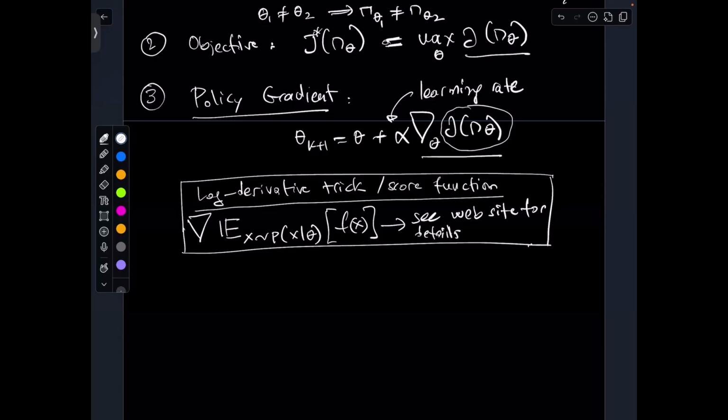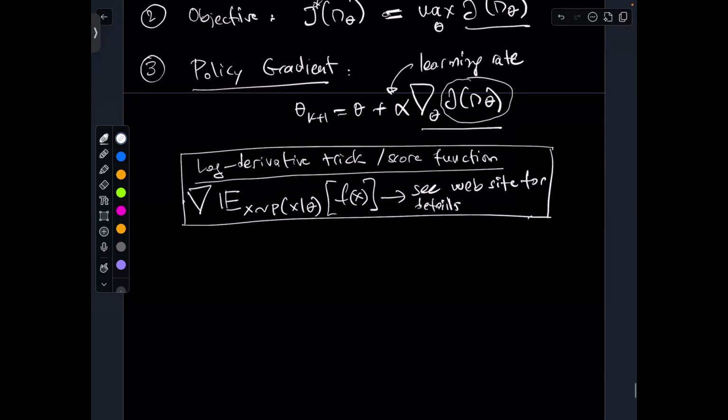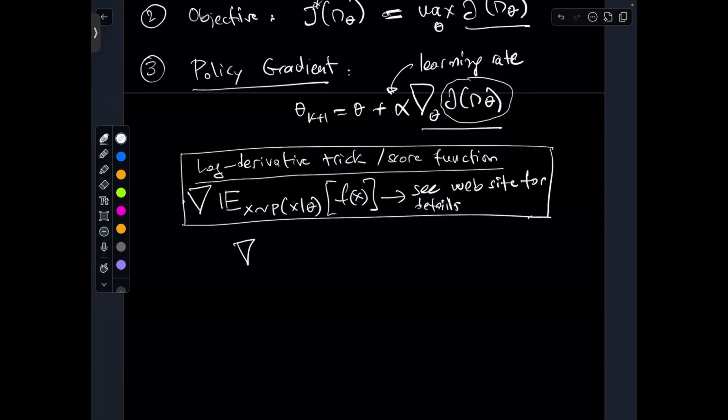So bottom line, we now have the ability to write this down for our purposes.